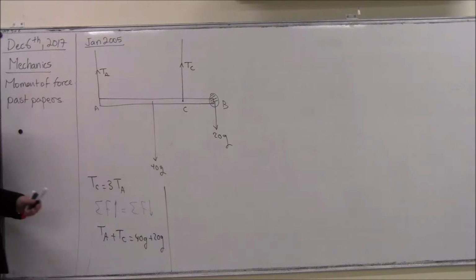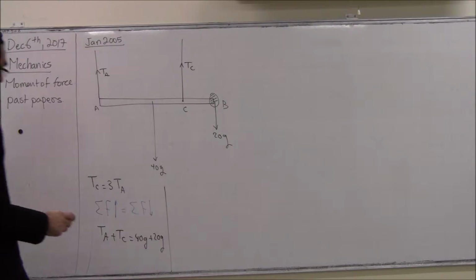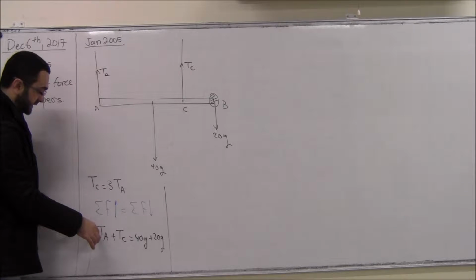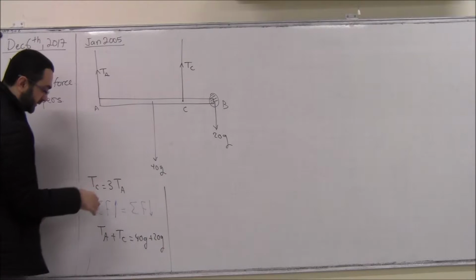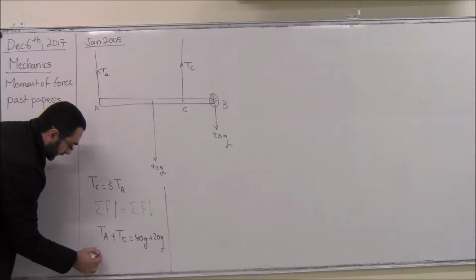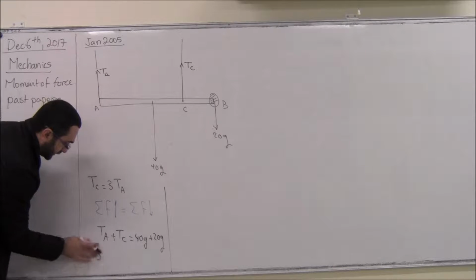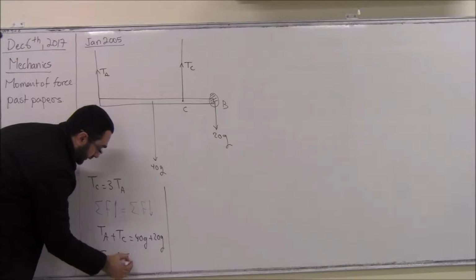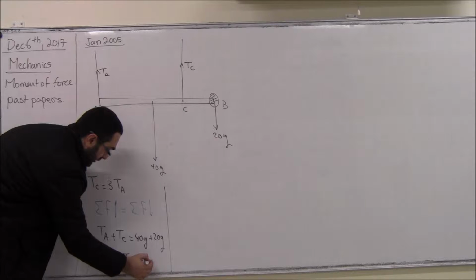Definitely, it does not rest on a support. TC is 3 times TA, so TA plus 3TA equals 60 g.